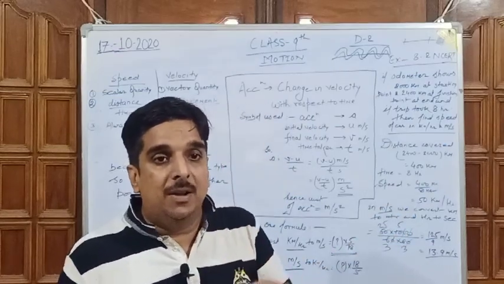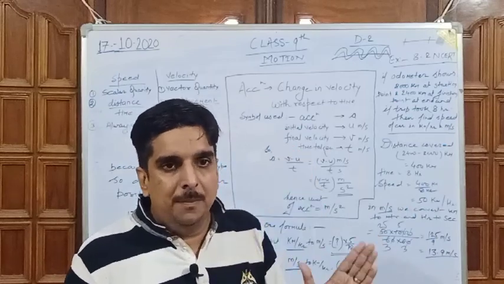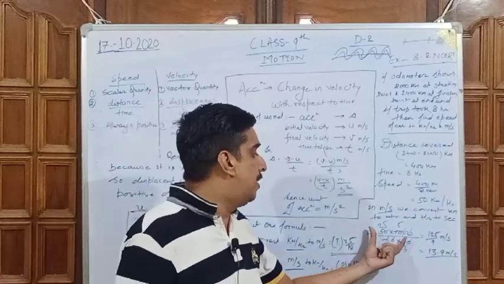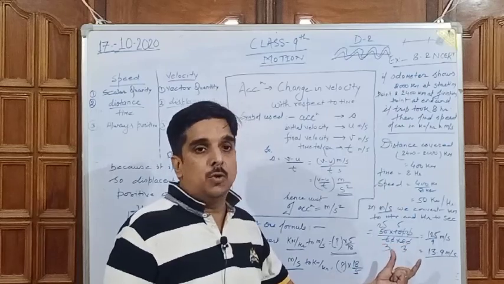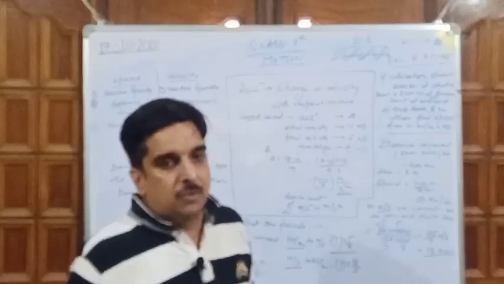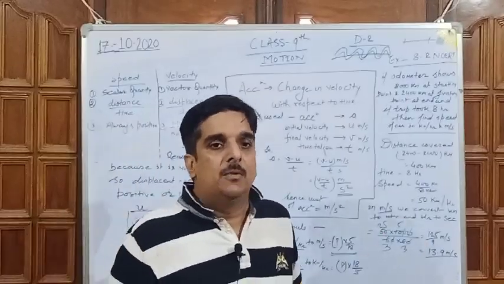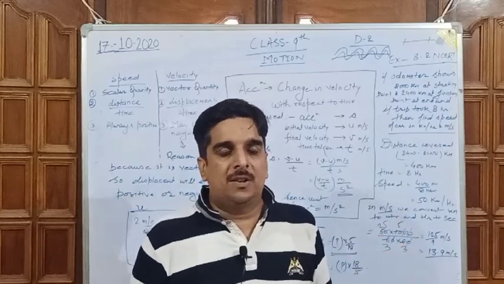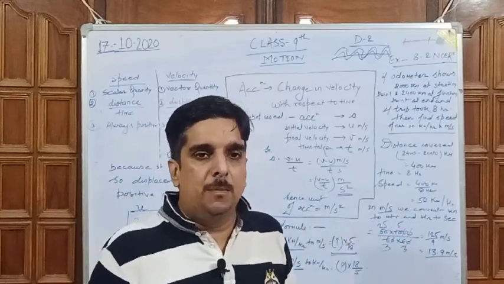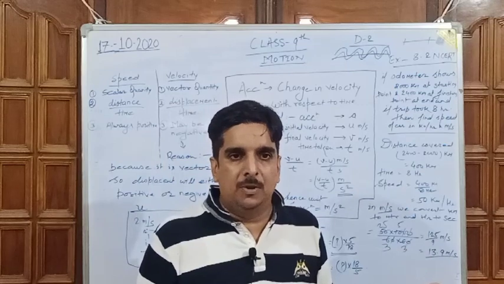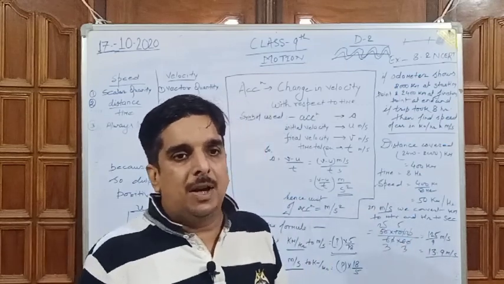In 1 hour there are 60 minutes, in 1 minute 60 seconds, so we will divide it by 60 into 60. So simply, for 50 kilometer per hour, first of all we convert 50 kilometer into meter for the meter per second unit, and divide it by hour to second.